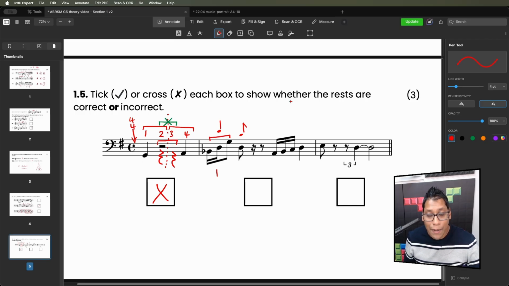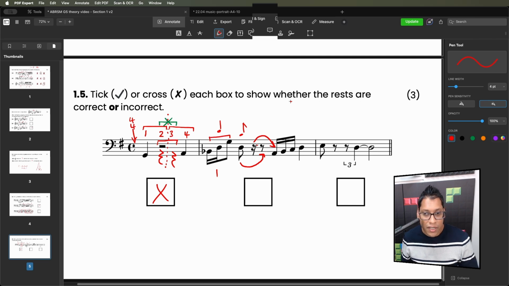So what's actually happened in this bar is these 2 rests have been swapped around. This quaver rest should have gone here, and this semiquaver rest should have gone with this group of 3 semiquavers to make 4 semiquavers. That way, each of our groups would have equaled 1 crotchet each.